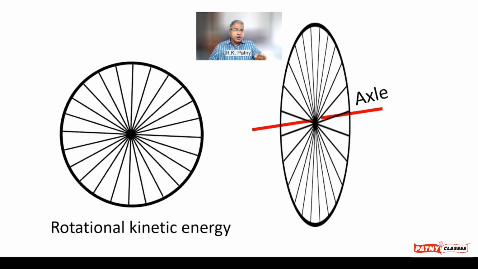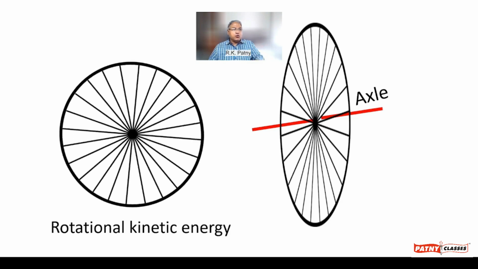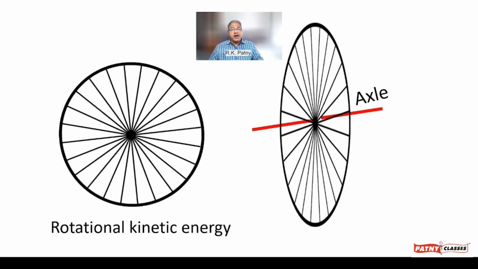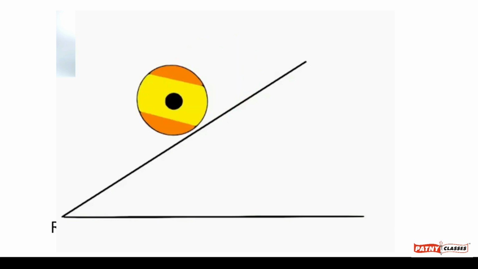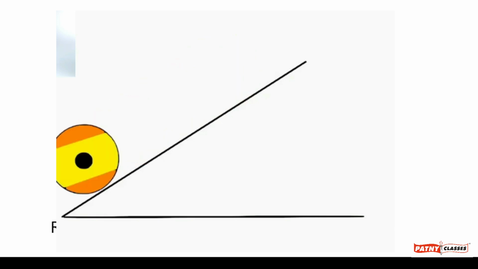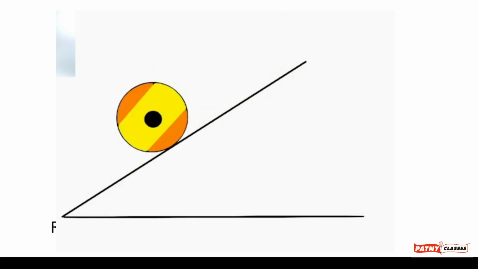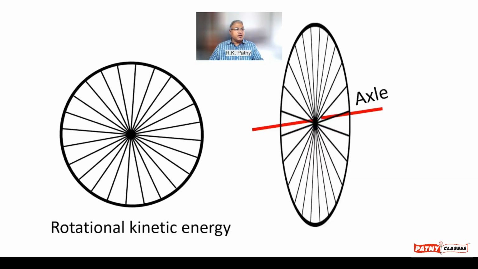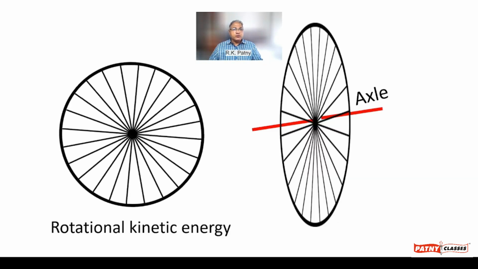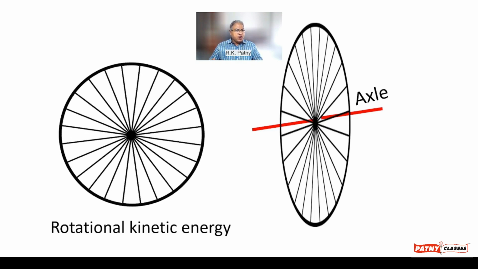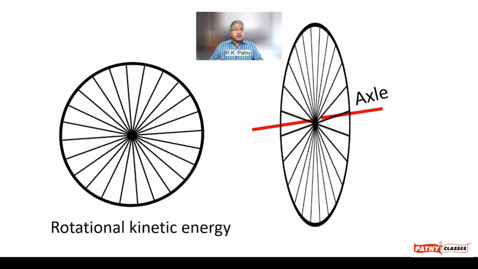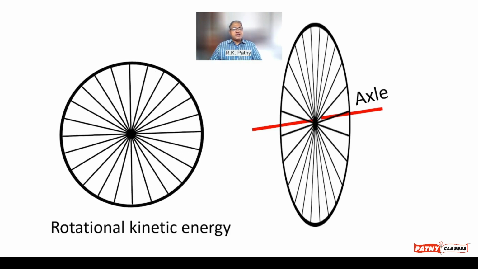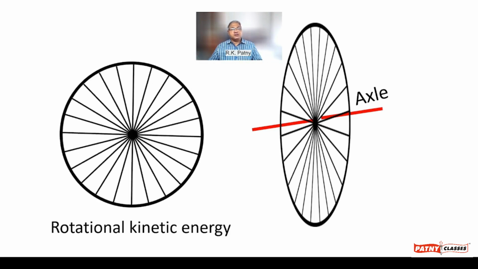So a rolling body has rotational kinetic energy. The wheel of the bicycle rotates about the axle, so we say the wheel has rotational motion about the axle and has rotational kinetic energy.